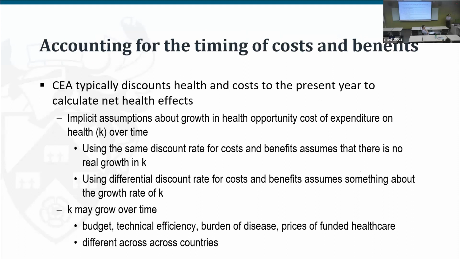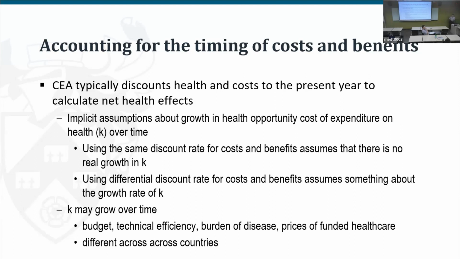Okay. So this HPV analysis and all cost effectiveness analysis that we undertake typically discount health and costs to the present year to calculate net health effects. And it makes sense why we do this.